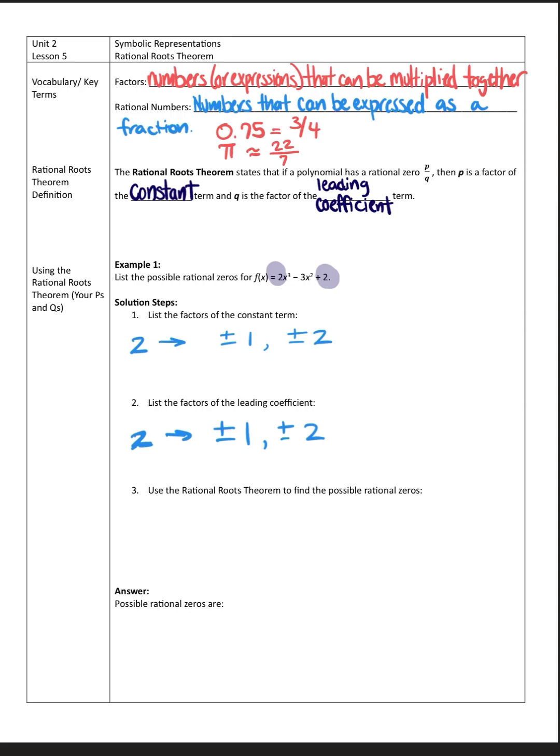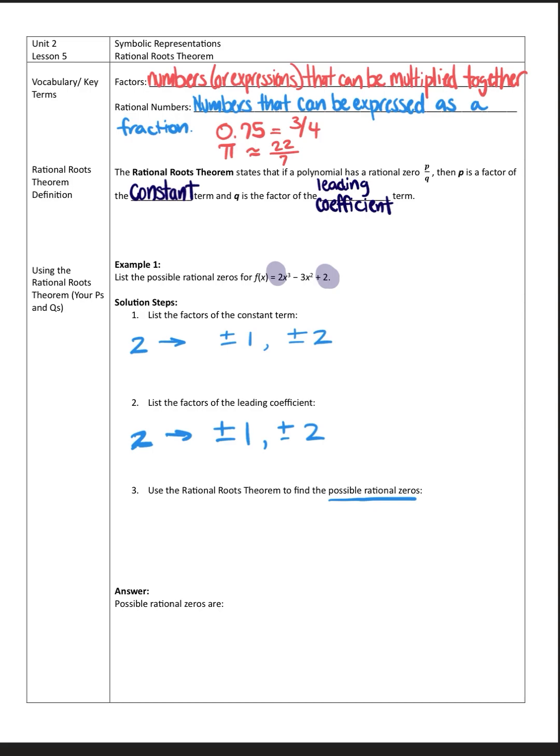And again, when we are looking for possible rational zeros, that means these are numbers that could technically be expressed as a fraction. And these are possible zeros, which means that these are possible solutions.